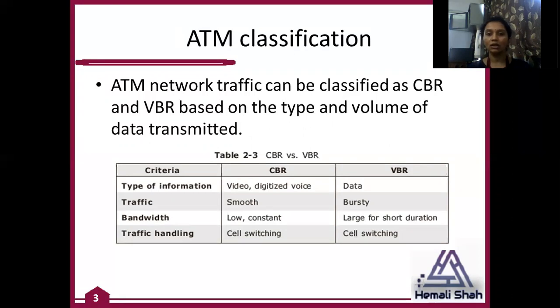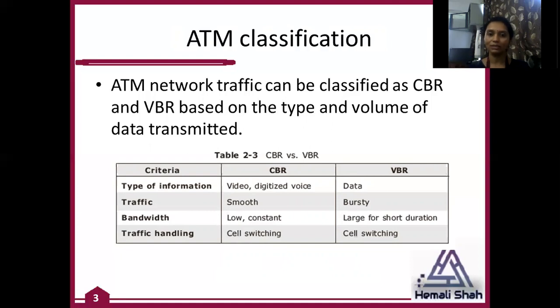Bandwidth: for CBR, constant bit rate traffic, you need low but constant bandwidth. Just think about the audio and video that you download or upload, or whenever you are playing music online, you need constant downloading from the server to your computer.